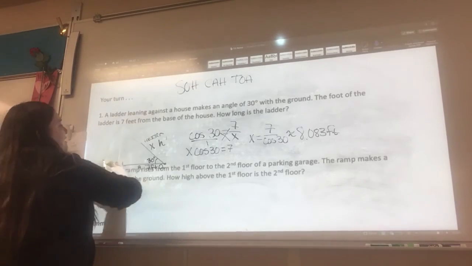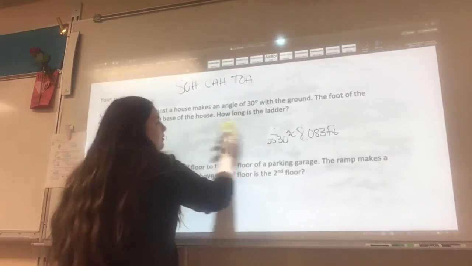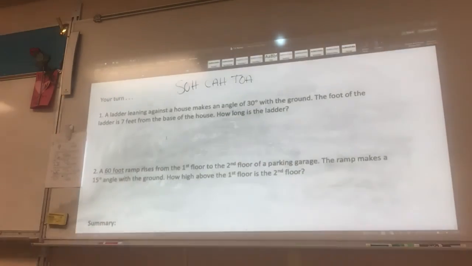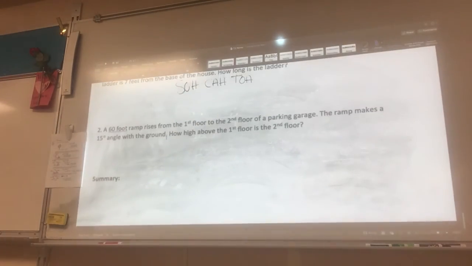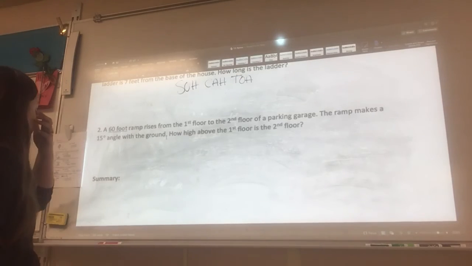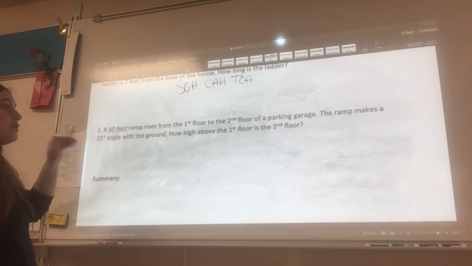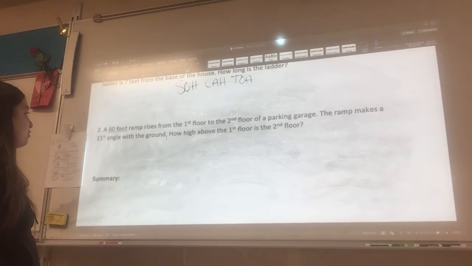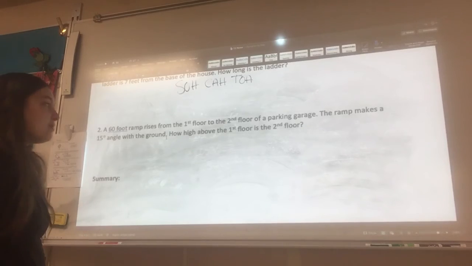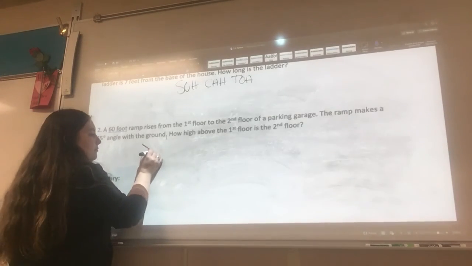All right, our last one for notes. A 60-foot ramp. That doesn't give us enough information for me to start drawing, but a 60-foot ramp rises from the first floor to the second floor of a parking garage. Okay, so that makes a little bit more sense. So we have a ramp.